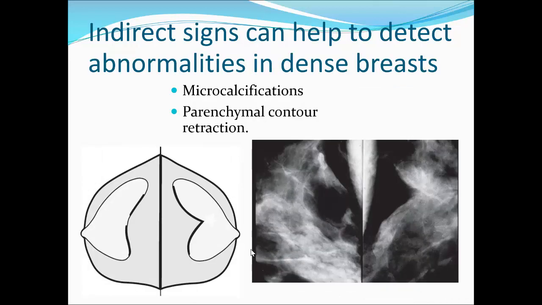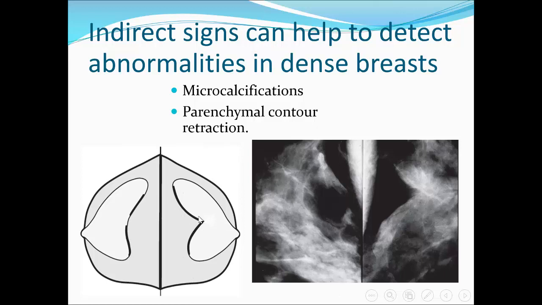Also, we have other indirect signs to detect abnormalities in dense breast, and these abnormalities are very important. What are the indirect signs? The indirect signs we have here, this is the normal breast cone or the normal parenchymal contour of the breast. Here, there is parenchymal contour retraction.